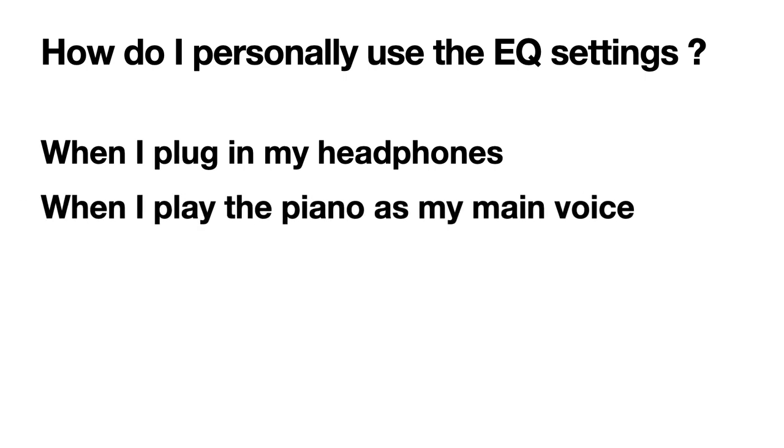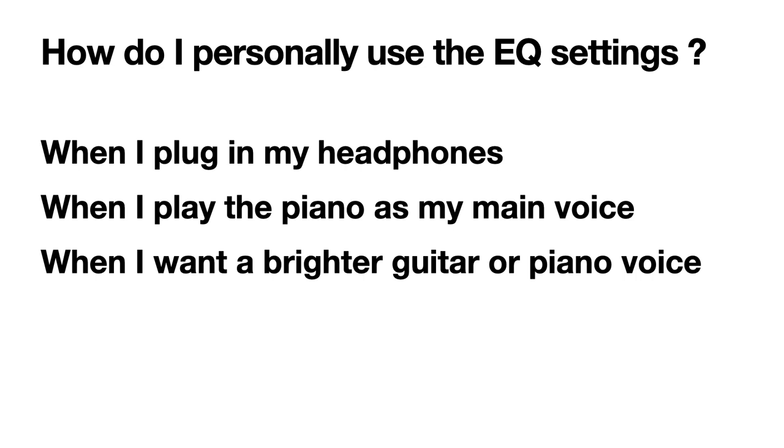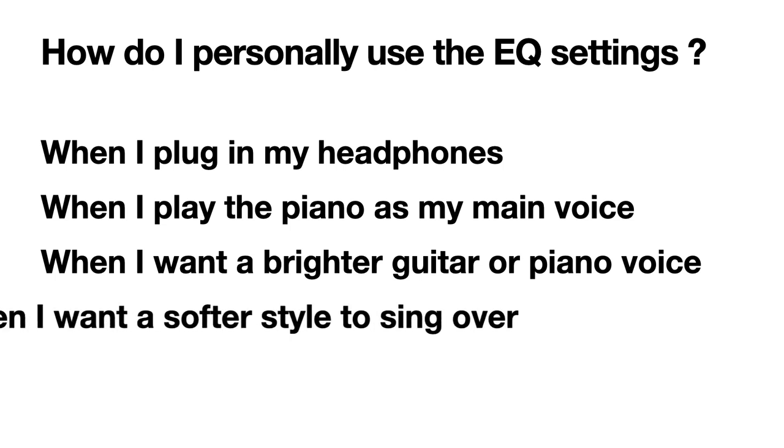Number 2 is if I set up my main voice to be one of the 10 or 11 different pianos, I want to set up the piano setting on the EQ so I get the very best piano sound possible. Sometimes I like my piano to be brighter. I like a bright piano. Or sometimes if I select a guitar, I want to brighten that guitar so it kind of stands out. So I use it to brighten the guitar or the piano voices.